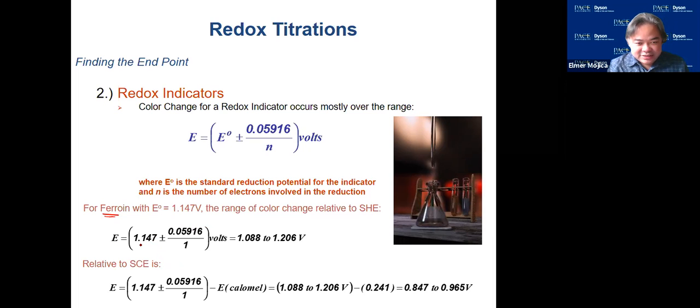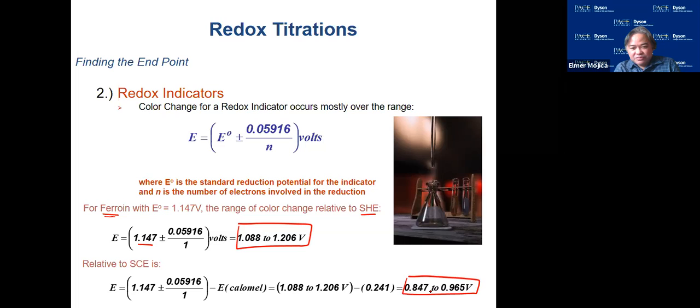It has a standard reduction potential of 1.147. So the color change is relative to the standard hydrogen electrode, and from this we end up with this range. Relative to the SCE, that range will now become this, after subtracting 0.24 from the lowest and the highest, which is the potential for your reference electrode.